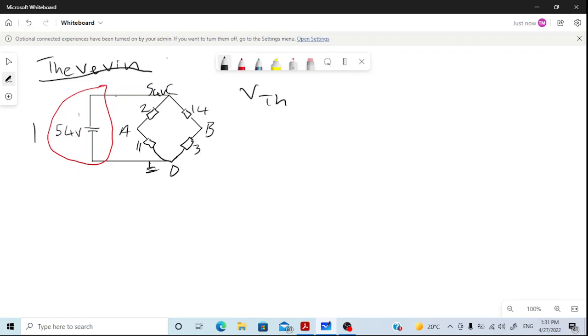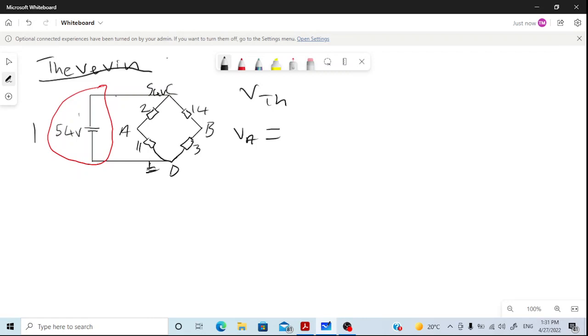Now, what you can see, you are given the voltage here. Let's say we are looking for voltage VA. What will be the VA, since here it's 0?